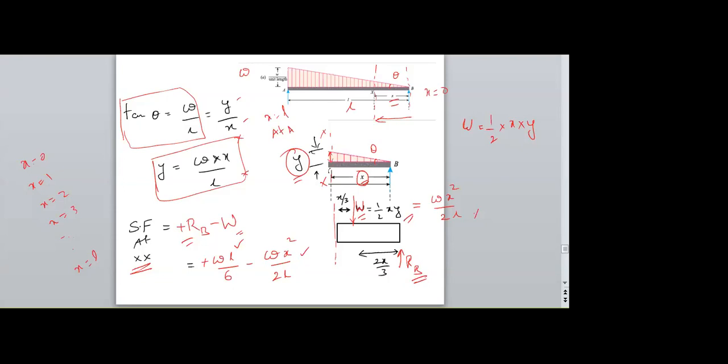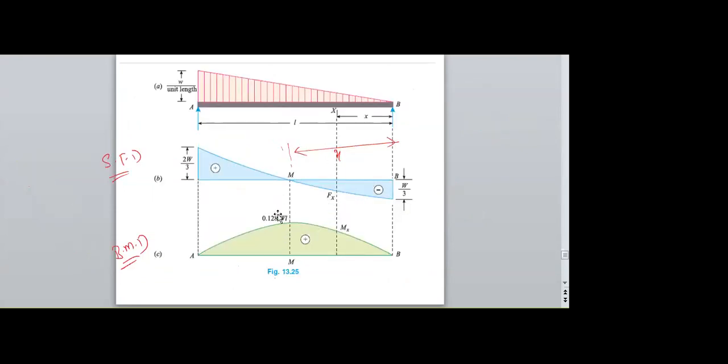That is the x value. At that location only, I am getting the maximum bending moment. Therefore, at that point also, I need to find out the bending moment.